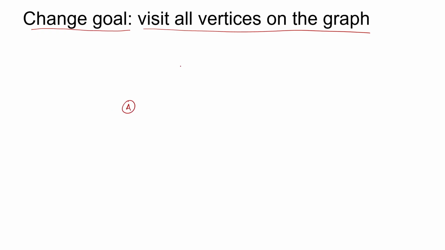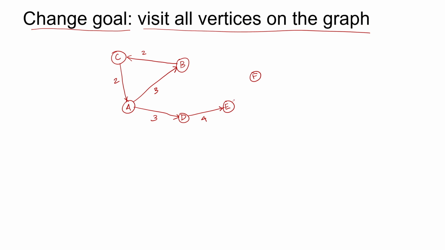This is network A, we have B, A to B is 3 units, then node C, from B to C is 2 units, and C to A is 2 units, and then D, that is about 3 units, D to E is 4 units, and then there is F, E to F is 4 units, and B to F there is 9 units. This is the network that we have taken earlier.